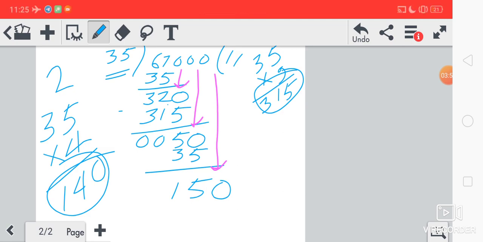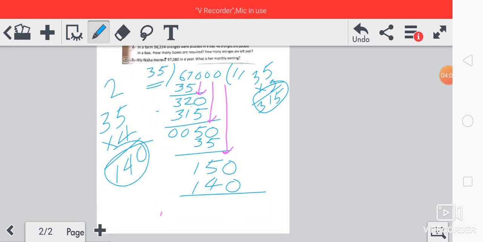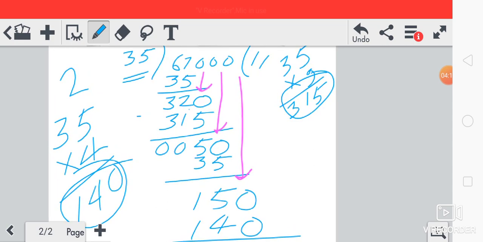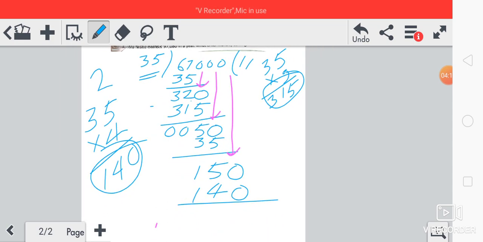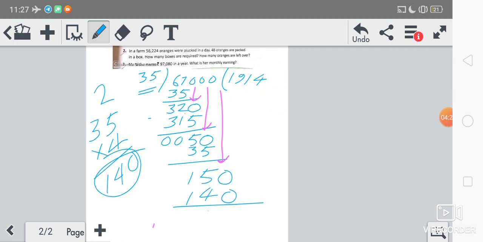We'll write 140 here, after multiplying by 4. So here the remainder we are getting is 10.